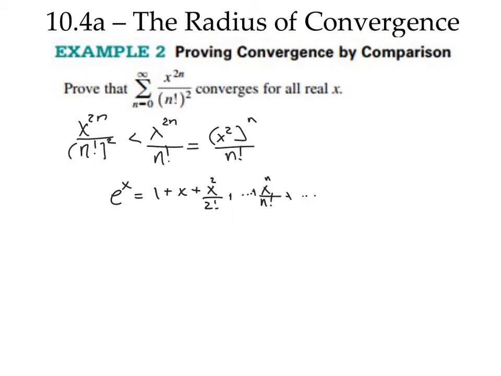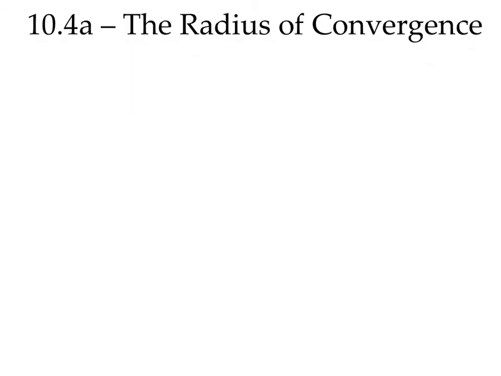So any new power series that I could get by substituting anything in for x would also converge. And this is the power series for e to the x squared. We know it converges, and this series is term by term positive and less than it, so this series must converge.